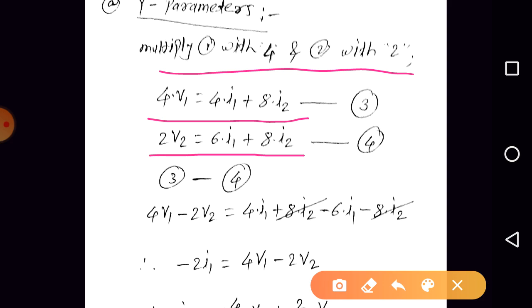So can we subtract equation 3 and 4? Yes. We can write 4V1 minus 2V2 is equal to the first term minus the second term. The plus 8I2 minus 8I2 gets cancelled, and 4 minus 6 is minus 2 I1.